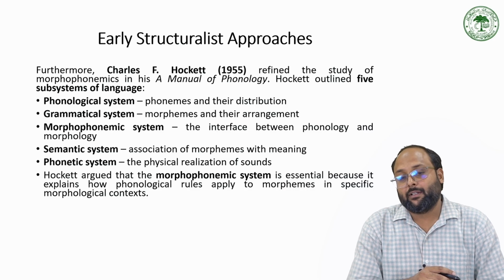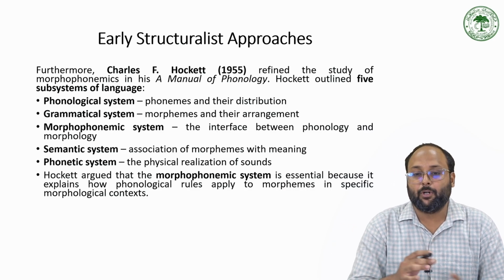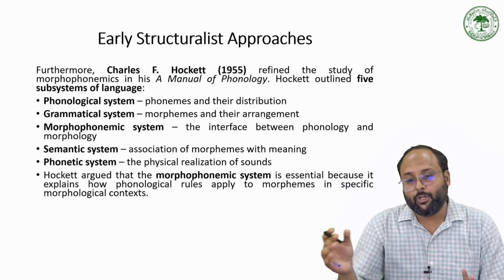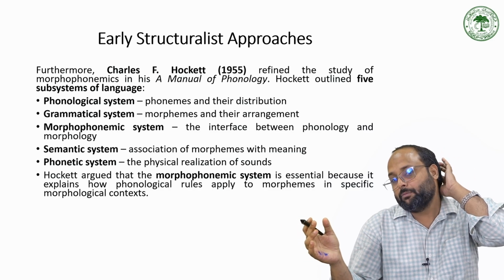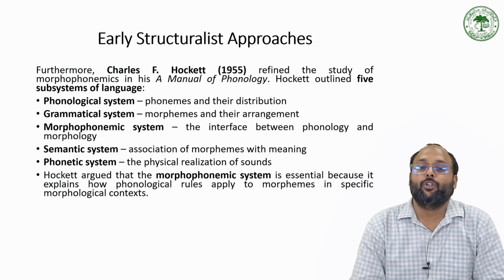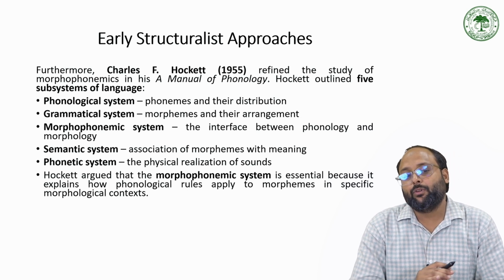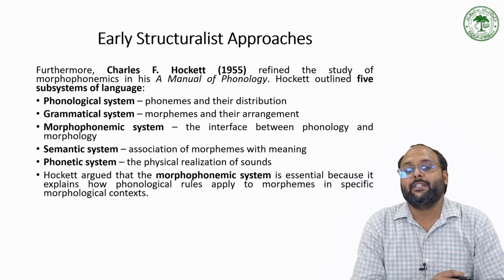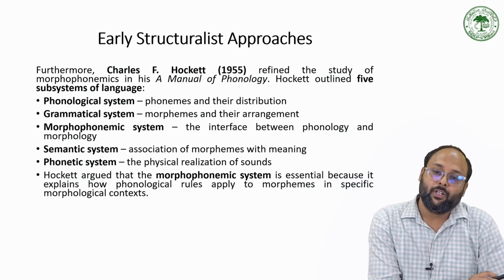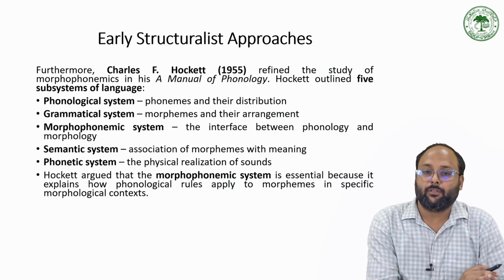They described all this association between the morpheme and its meaning, because if you do not describe the meaning of the morpheme, it cannot be a morpheme, since the morpheme is the smallest unit of a language which has meaning. And they also described the phonetic system, the physical realization of the sound.